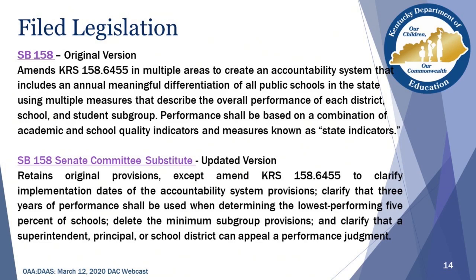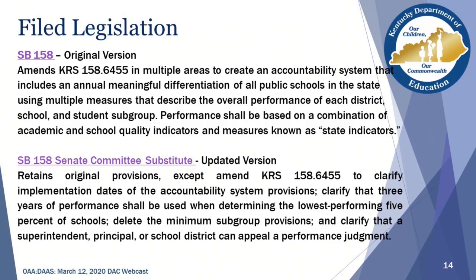Now, I will note that all those pieces were in the original version, and there has been an updated version, which is Senate Bill 158, Senate Committee Substitute. That Senate Committee Substitute is the version that you would want to look at and review, because it does retain a lot of the provisions of the original bill, except that it amends KRS 158 to clarify implementation dates of the accountability system.